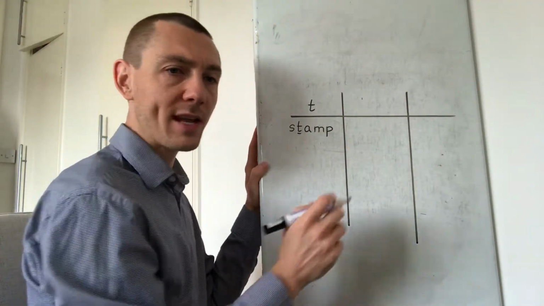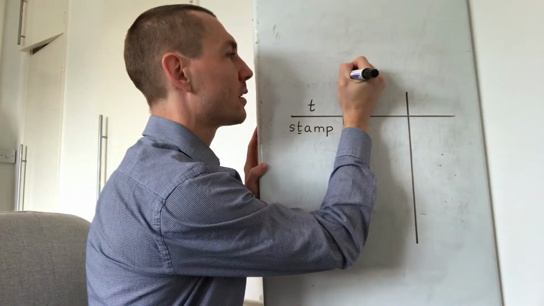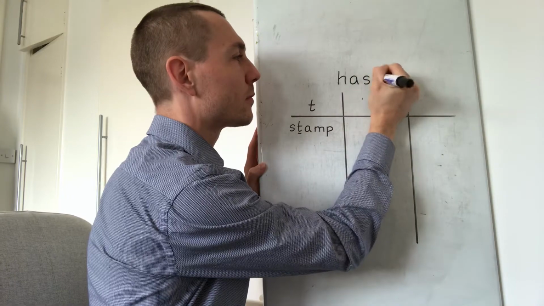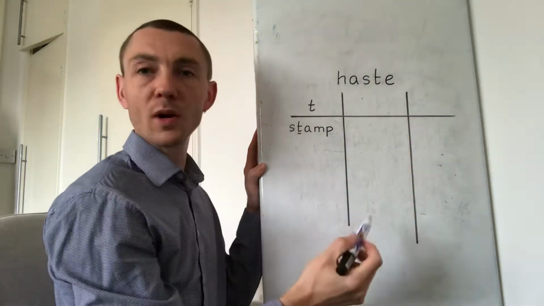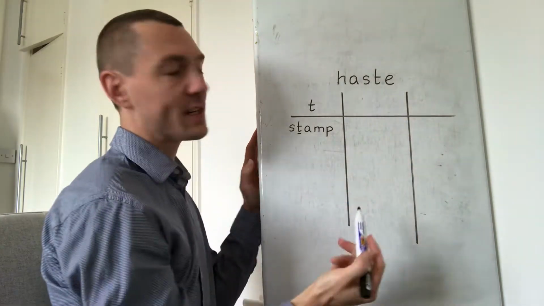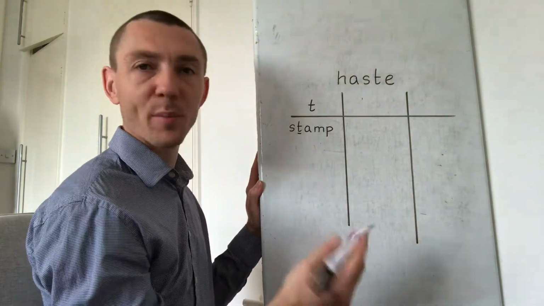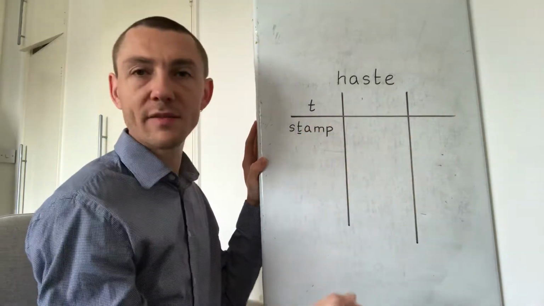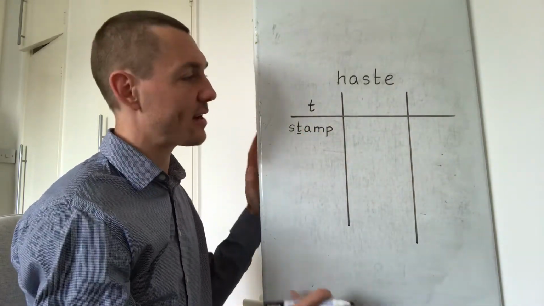The next word is haste. So pause now and see if it's here or if it's a different spelling of the t sound, and build the word.